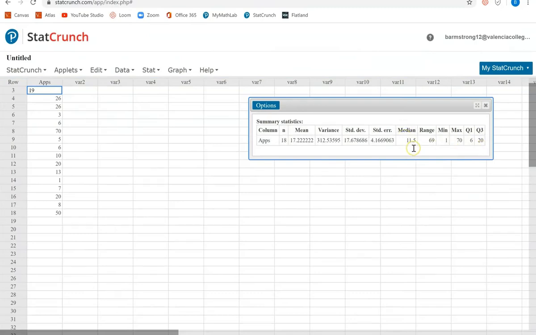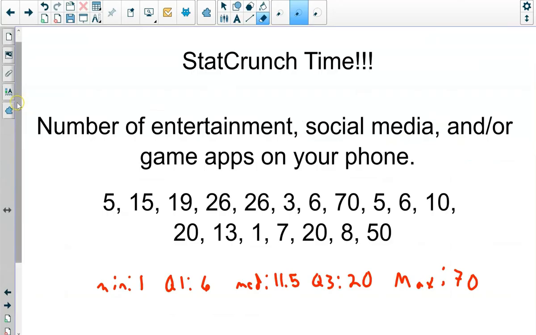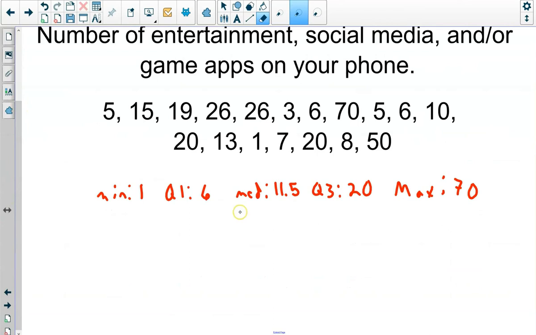From this, we can quickly figure out the interquartile range. We can figure out the IQR. So the interquartile range, pretty easy, would actually be 20 minus 6, so 14.